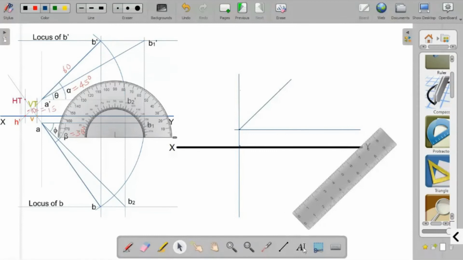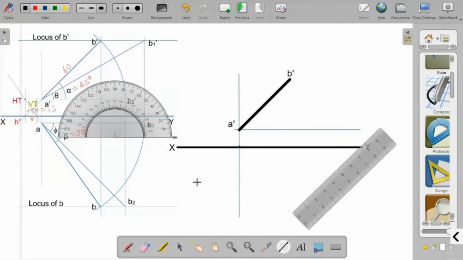So, having marked the point A dash, this is point B dash, and this is my front view.